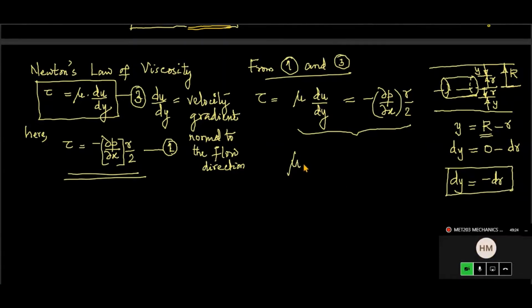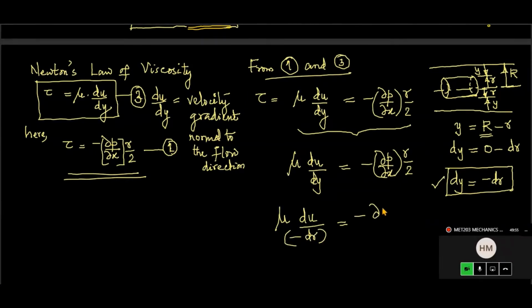So mu into du by dy is equal to minus dou p by dou x into r by 2. And our effort is to find an expression for du, the velocity. So mu into du by dy, where dy is minus dr, is equal to minus dou p by dou x into r by 2. We have now eliminated y.